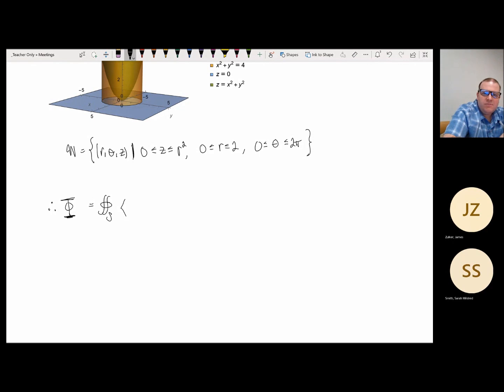It's F. Right, outward flux. I guess the first thing you actually should have asked is, is this a closed surface? And it was.